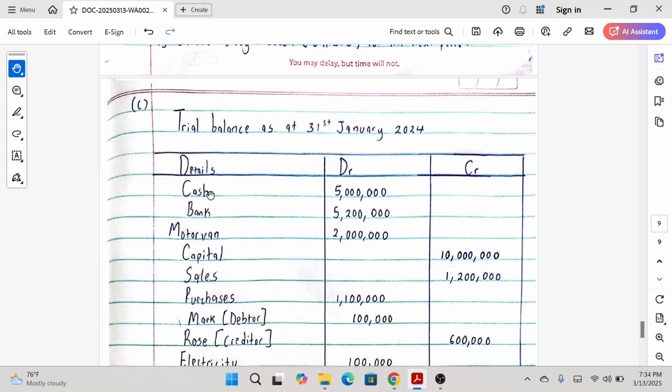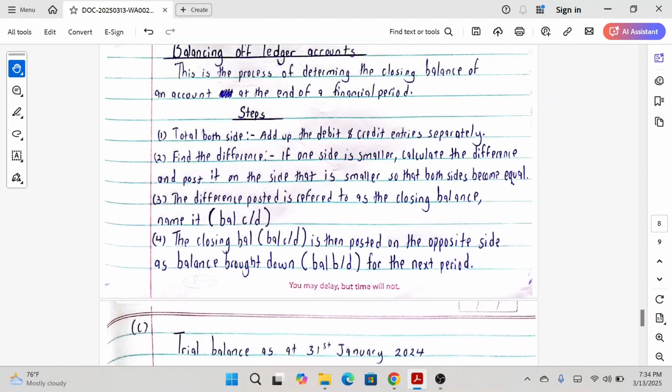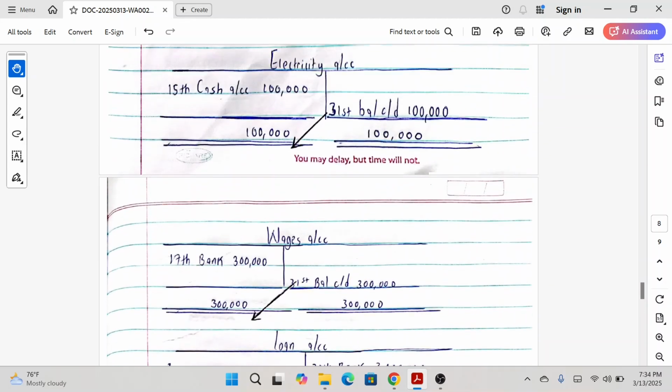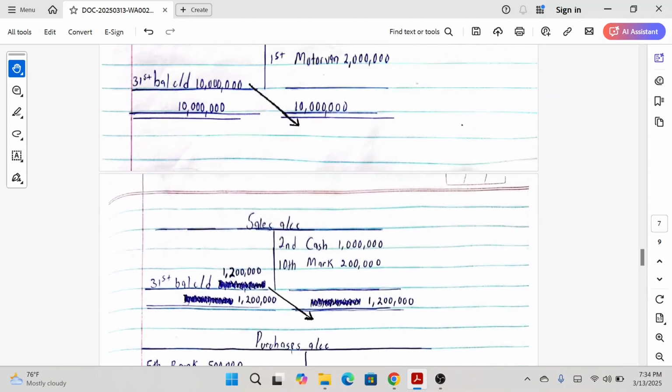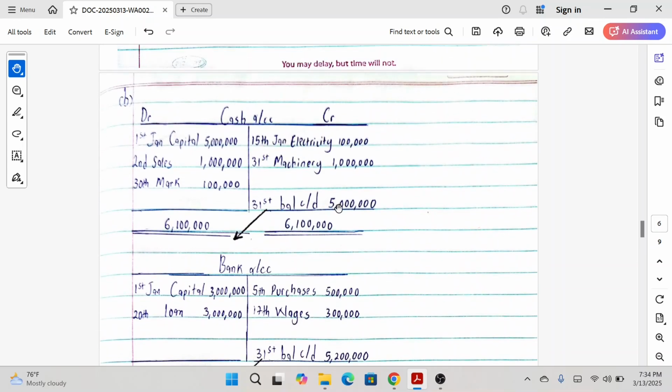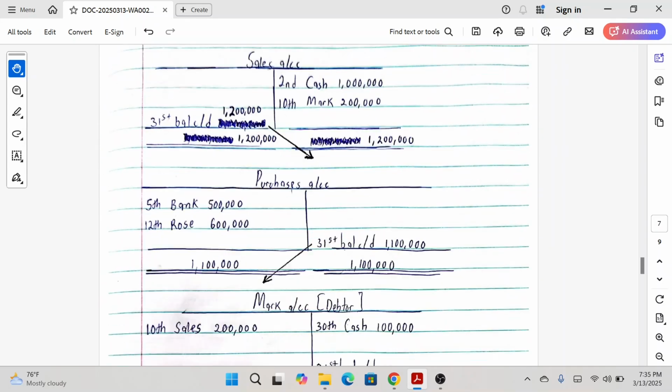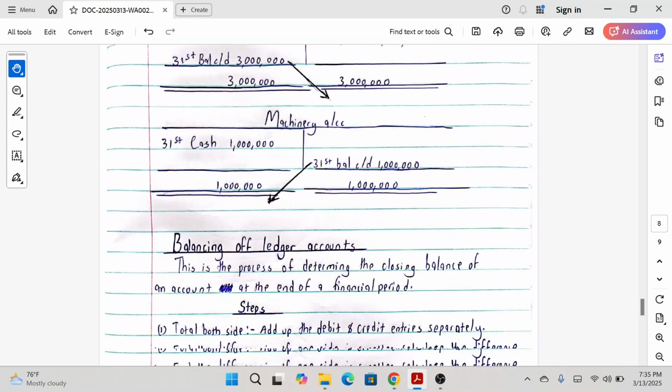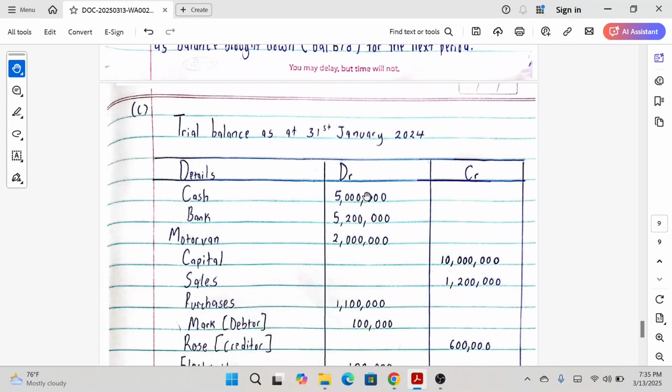So you have in cash, I told you cash is an asset, and assets have a normal debit balance. So you're going to go to cash, and you have in cash 5 million. So this 5 million is going to be on the debit side. It's having a normal debit balance of 5 million. So you go post this 5 million on the debit side.